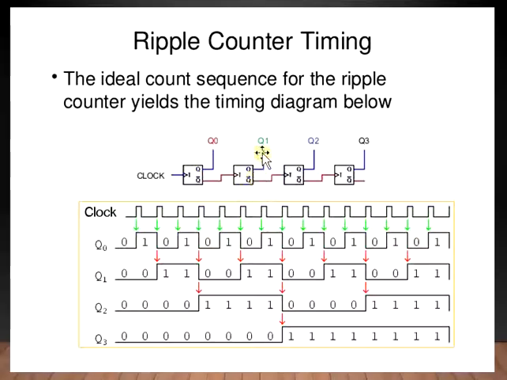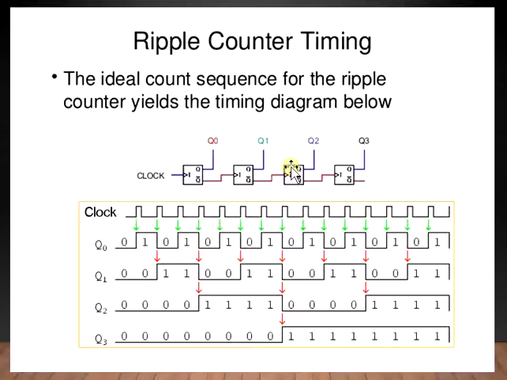So there is a change in this particular flip-flop because of the change in the previous flip-flop. Similarly, there is a change in this flip-flop because of the change in the previous. It repeats, so there is a change in this particular flip-flop because there is a corresponding change in the previous flip-flop.